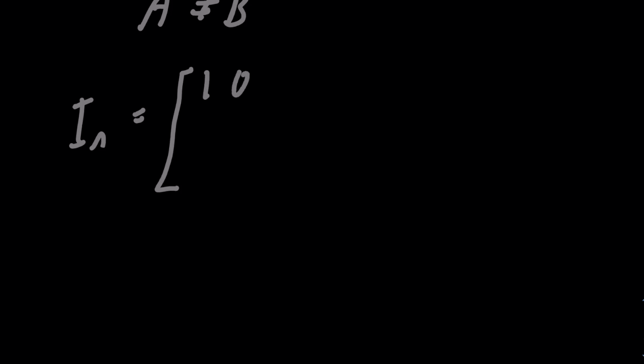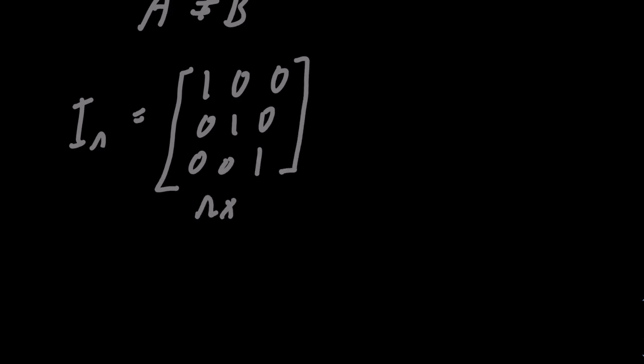So we get 1, 0, 0, 0, 1, 0, 0, 0, 1, and so forth, where n can be as big as you can get, and the overall size of the matrix will determine the length of the diagonal as well.